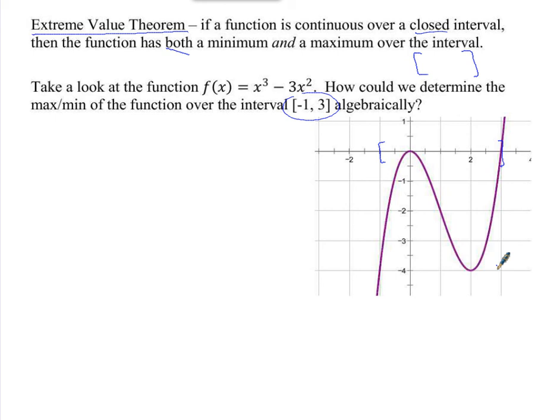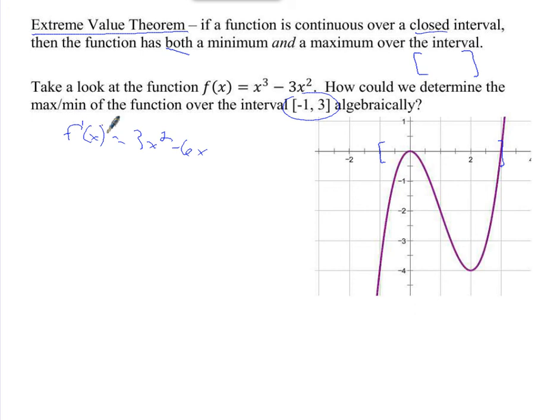Okay? So the question is, how can we determine what those maxima and minima are over this interval algebraically? Take the derivative of the function. So let's say we do that. We get f prime of x equals 3x squared minus 6x. Now what do we do?